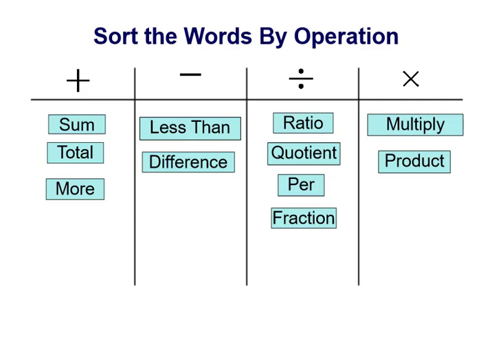The second column is subtraction. That's words like less than and difference. The third column is for division. It has the division symbol, so that's like a ratio, a quotient, per, or any of our fractions. And then the fourth column is that multiplication sign, so that's for multiply or product. So again, if you see these words, it indicates the operation at the top of the column. And you have to know that when you're reading these expressions and translating into the symbols.